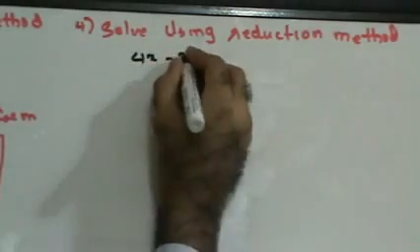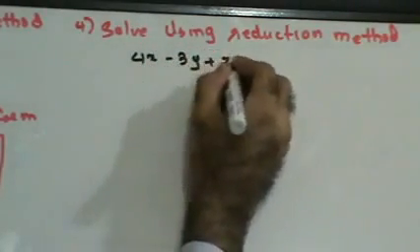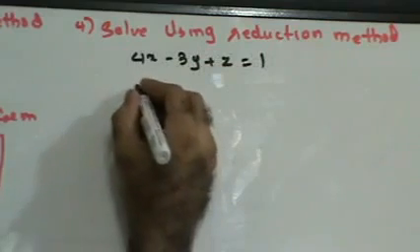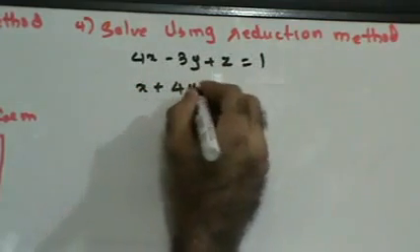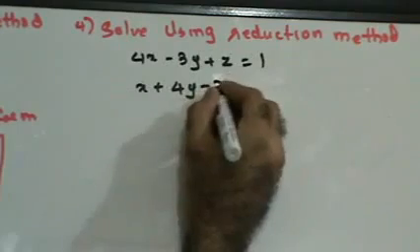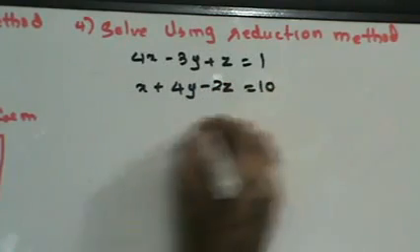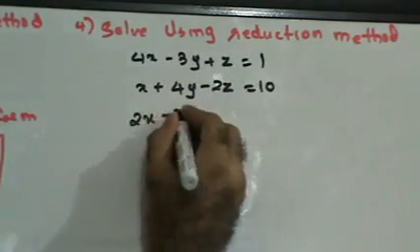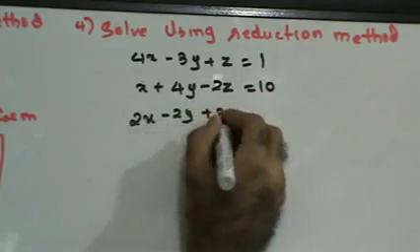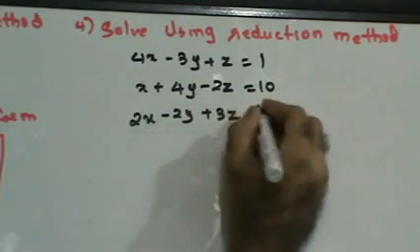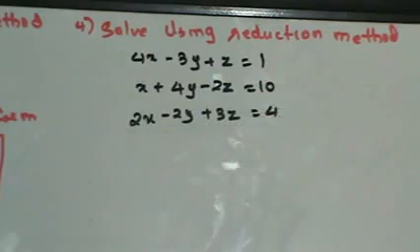4x minus 3y plus z is 1, x plus 4y minus 2z is 10, 2x minus 2y plus 3z is 4. Now let's see this.